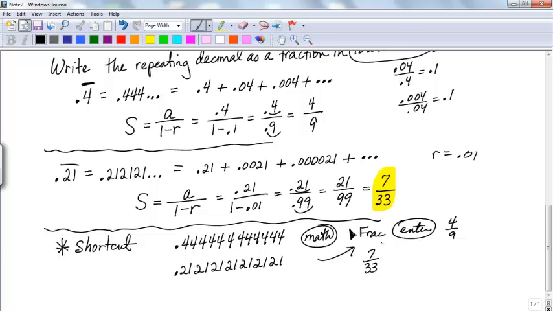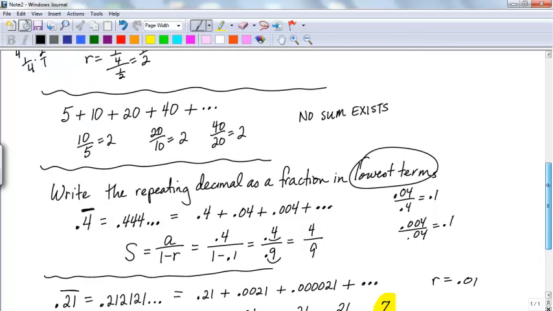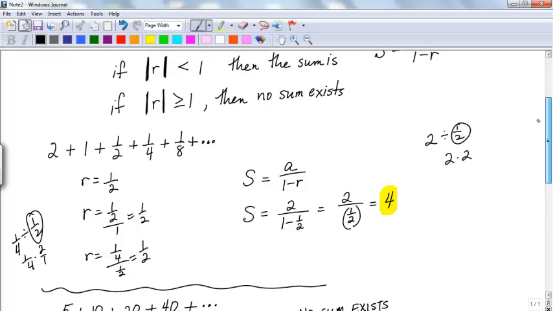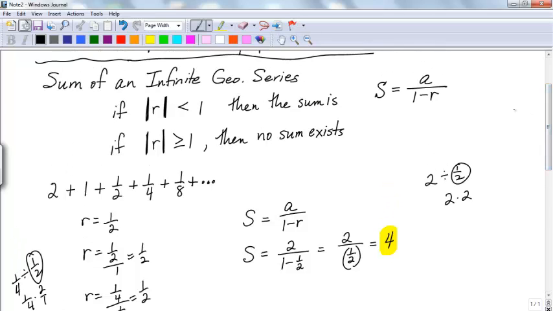The one thing that you need to go back and look at is back up here on the sum of an infinite geometric sequence. This part, I always teach this, and students just kind of accept that, but basically this is an infinite geometric series.